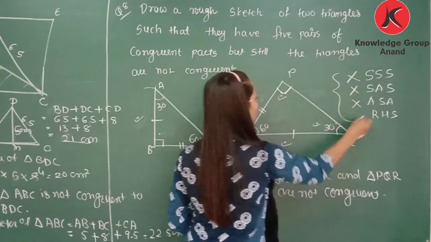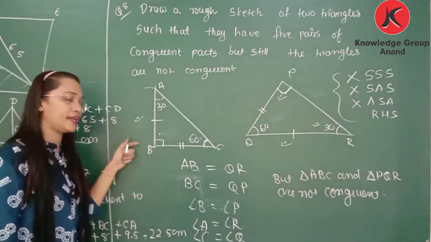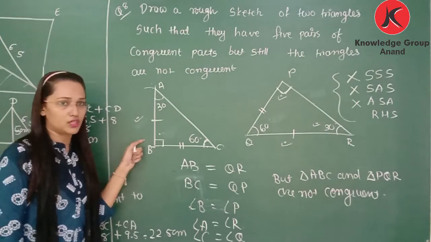Why? Because from the 4 congruency rules, we cannot apply any rule which satisfies all the conditions.